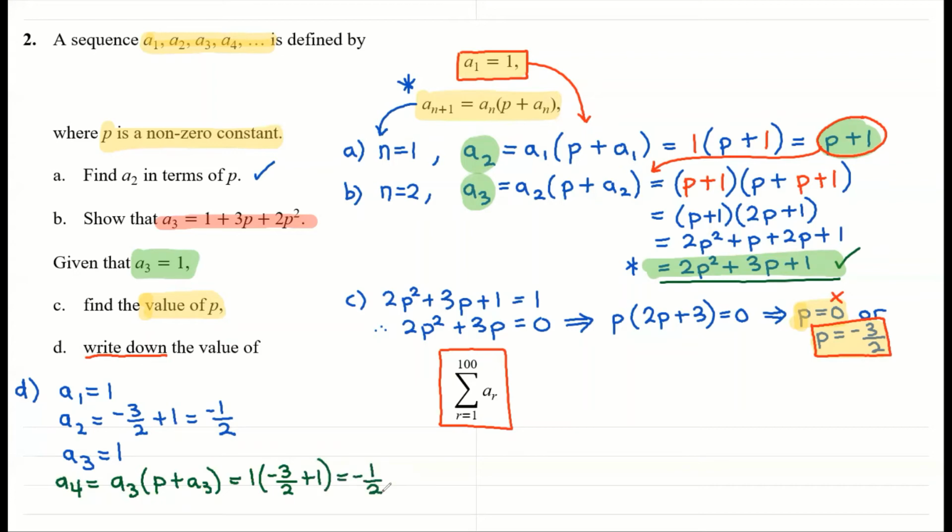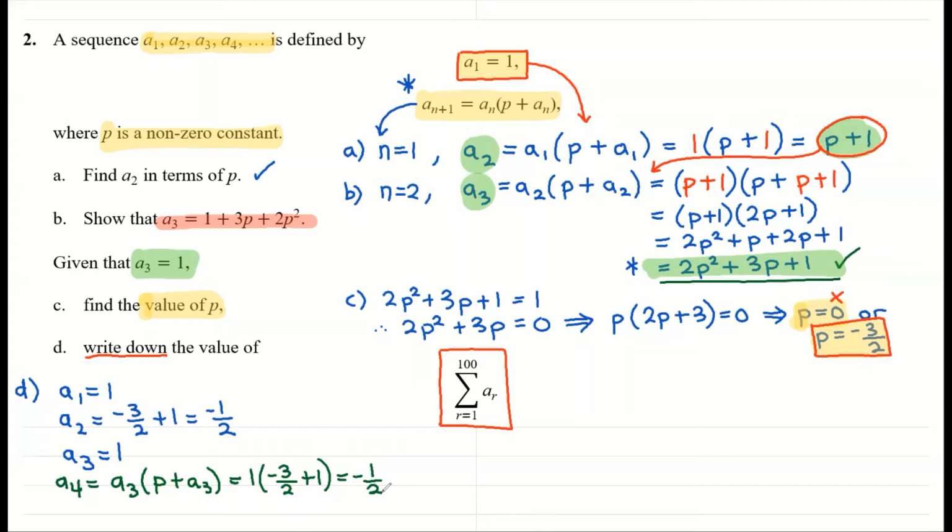Okay. And you can keep going with this. If you do A5, you're just repeating a step that you've done previously because you're going to be using A4, which is -1/2. Okay, and then you'll just generate the term 1. So we have what we call a periodic sequence here.